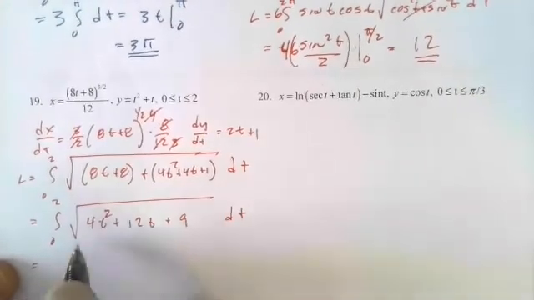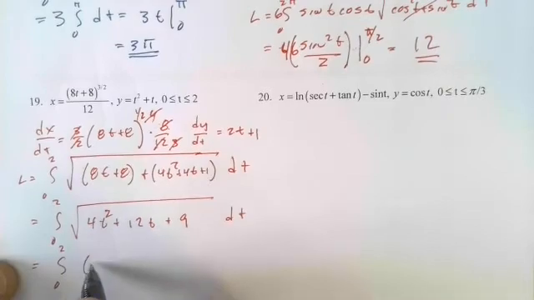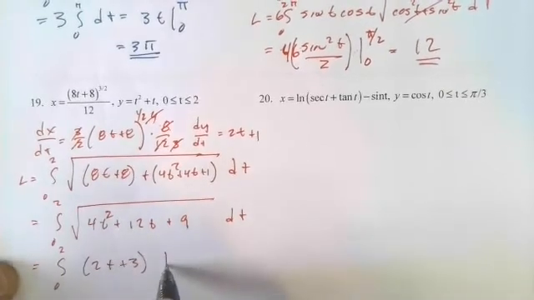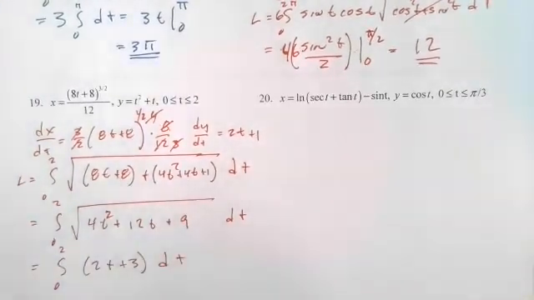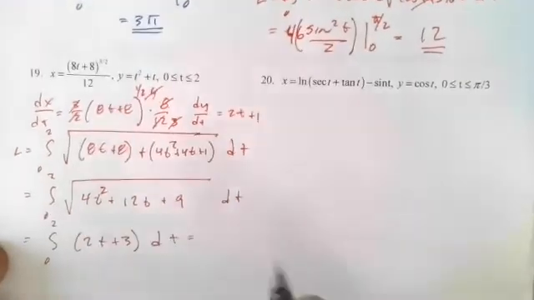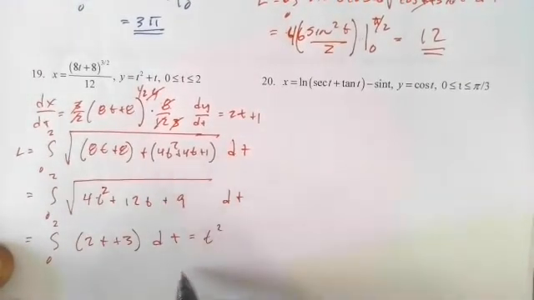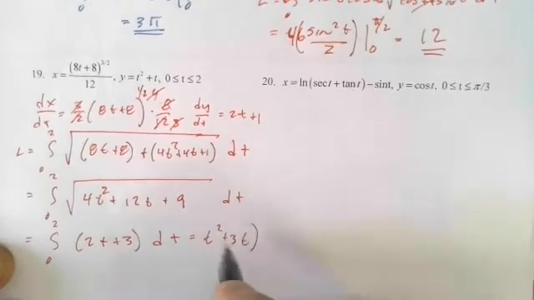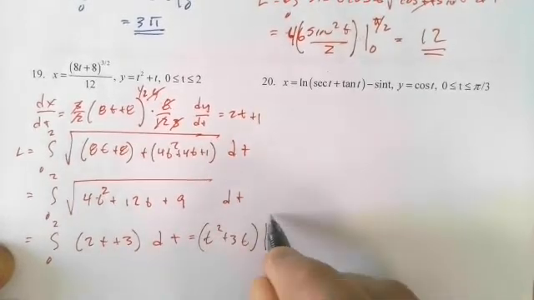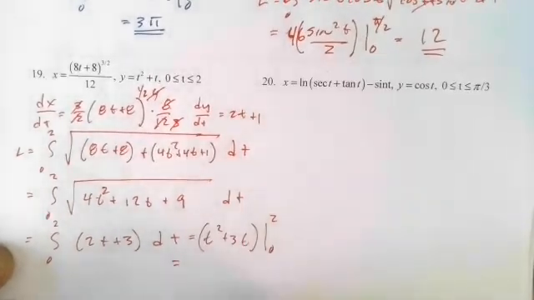So this is the square root of 2t plus 3 squared, 2t plus 3. It really feels like cheating to me, but what are you going to do? That is t squared over 2 cancel, plus 3t, from 0 to 2, equals 4 plus 6, 10.